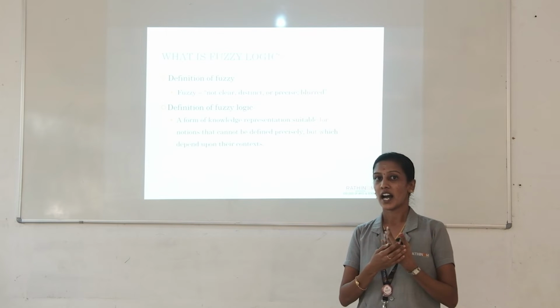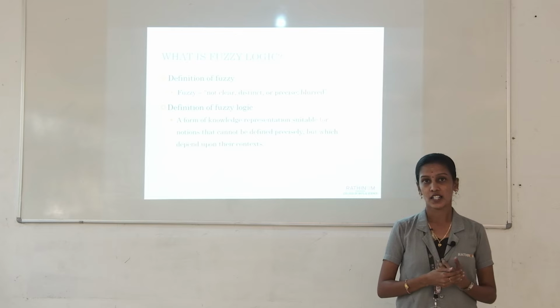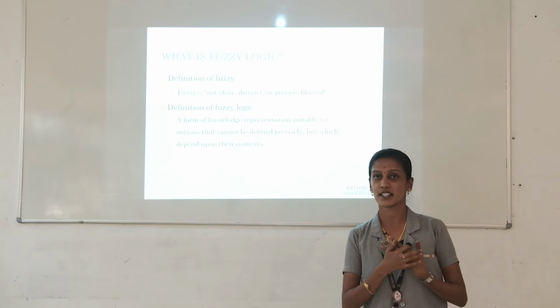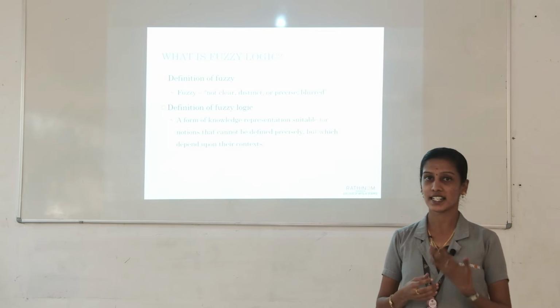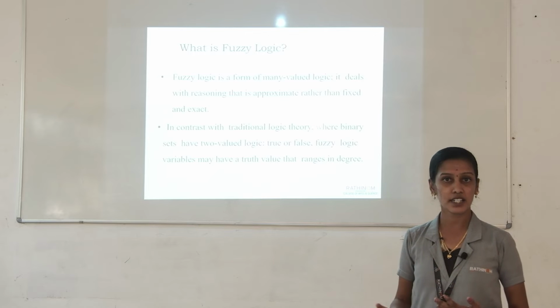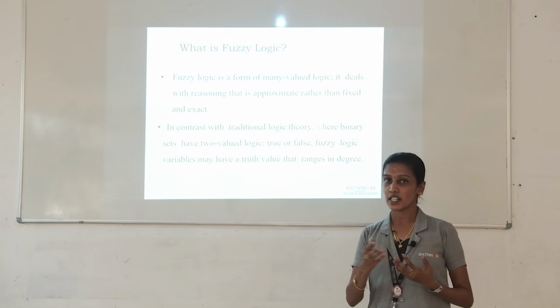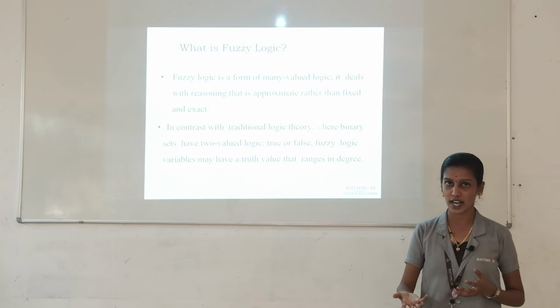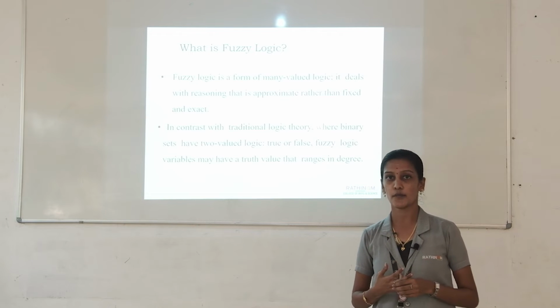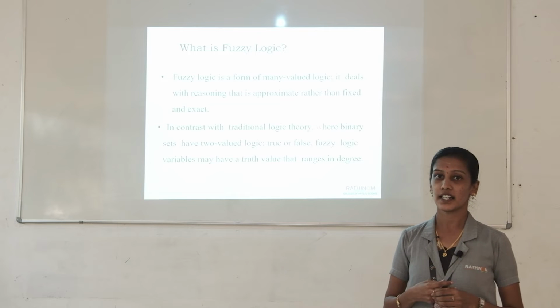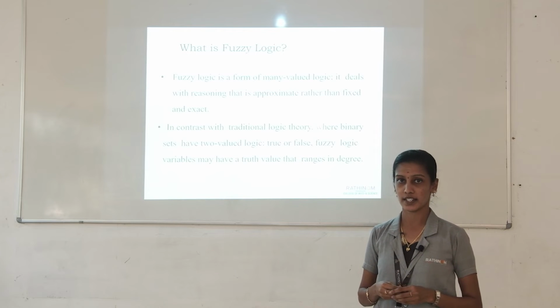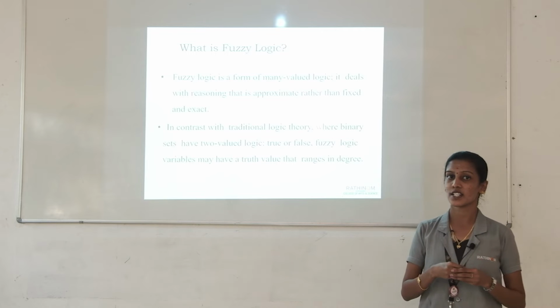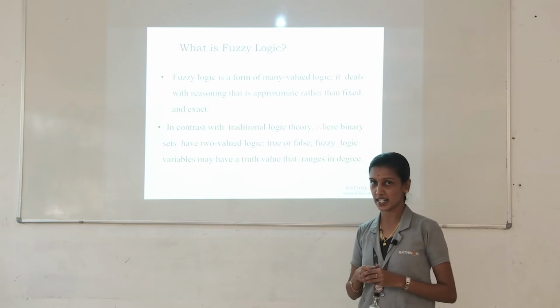It has a number of applications in design engineering and in artificial intelligence, where difficult problems are programmed using the fuzzy concept. Fuzzy logic is an emerging field in the current scenario.